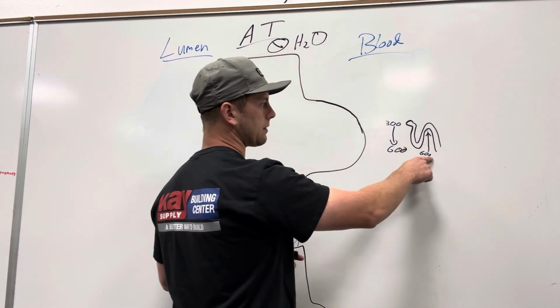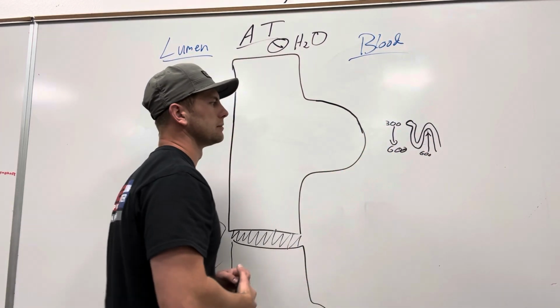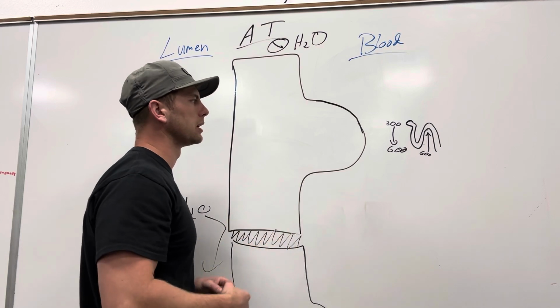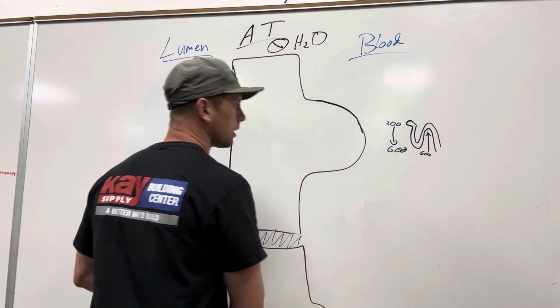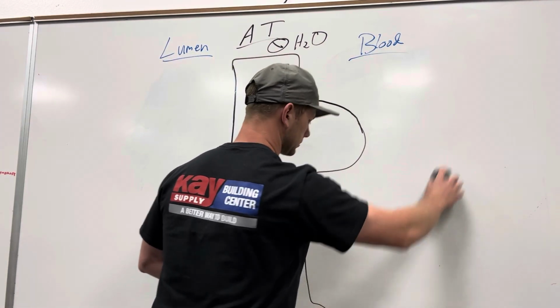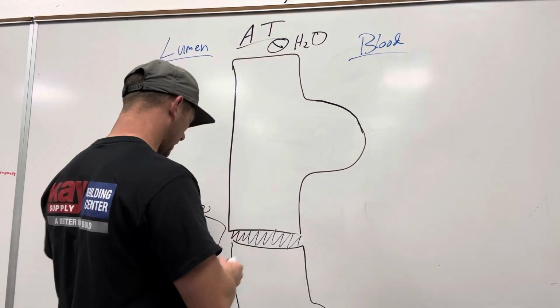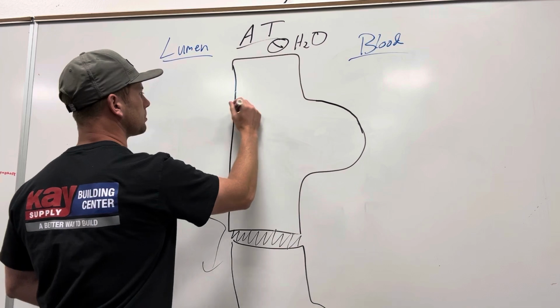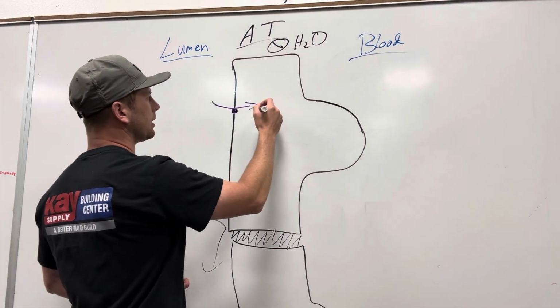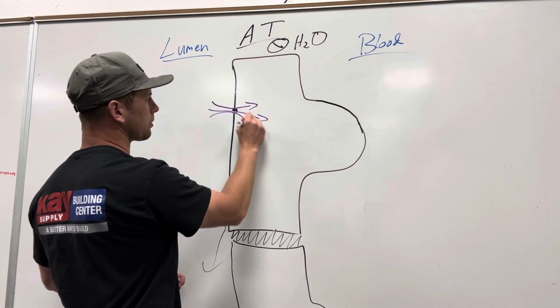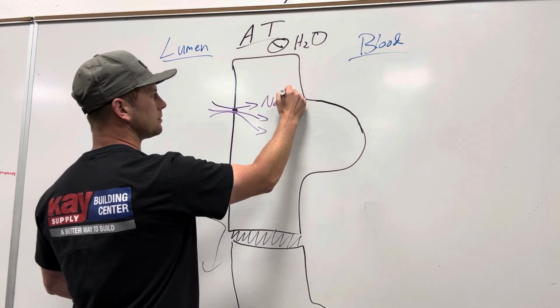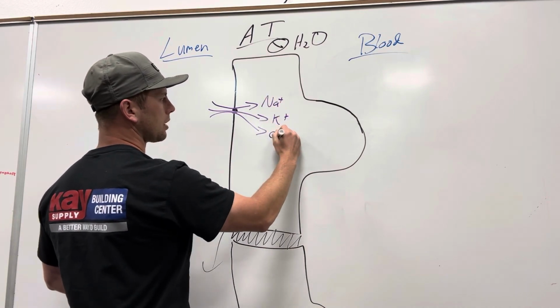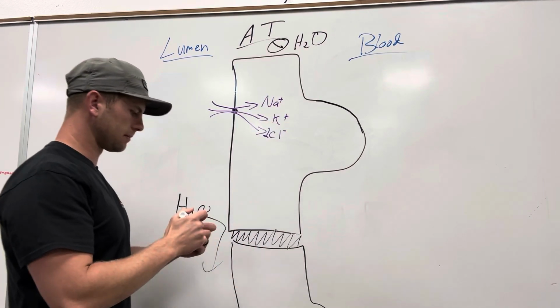And so it'll drive that osmolarity back down to 300. So kind of cool. But we'll have a channel here. It's purple, and it's a symporter, and it's going to carry 3 things in: sodium, potassium, and 2 chlorides.